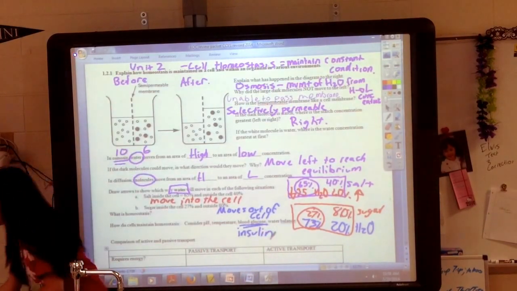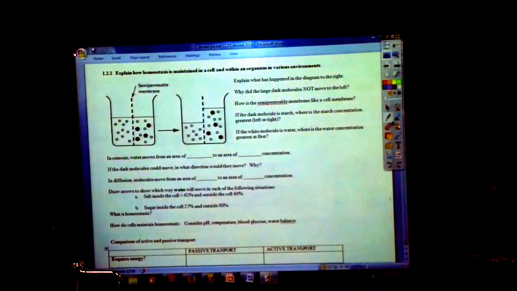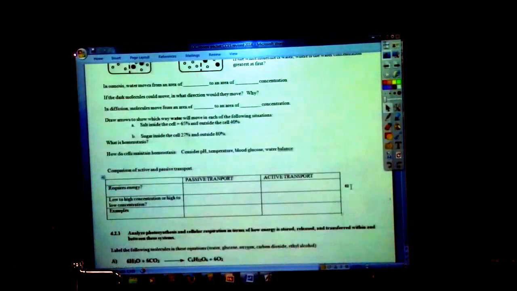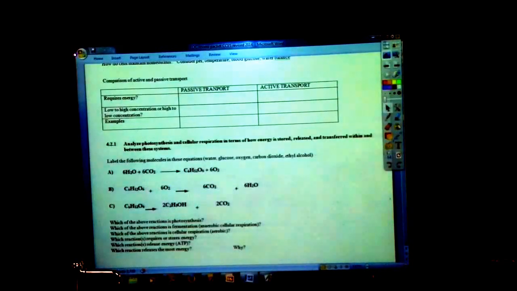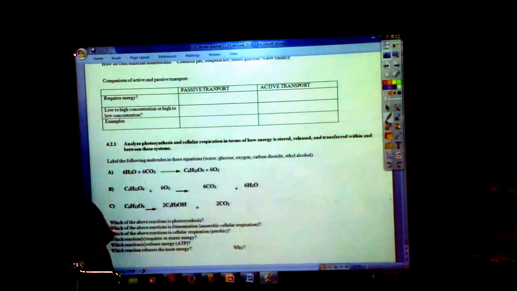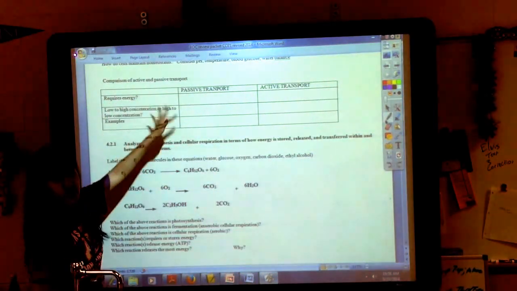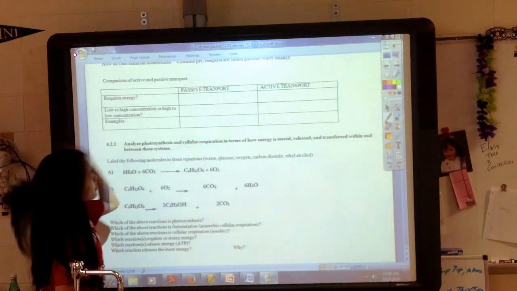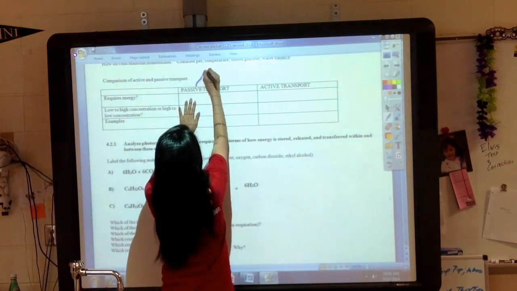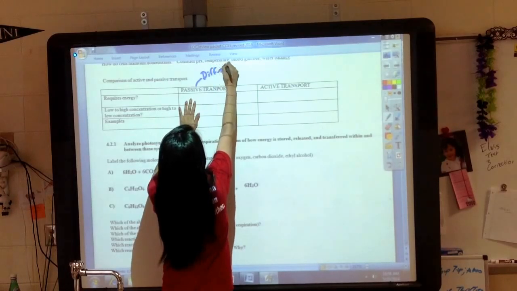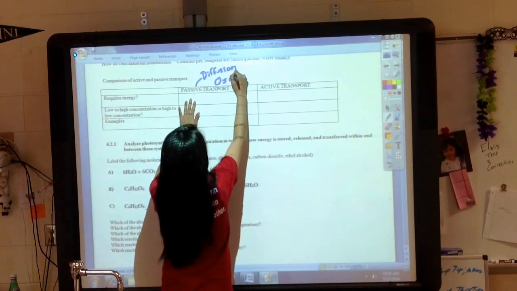And the next section right here that I do want you to finish up at home is on a little more of cell transport. I do want you to fill in this chart comparing active and passive transport. Remember that passive transport could be like diffusion or osmosis.